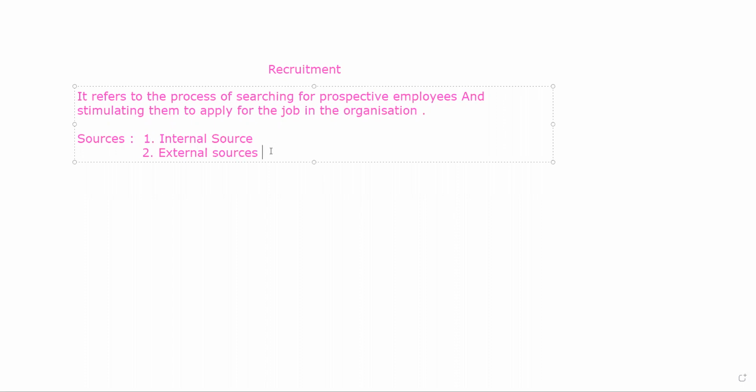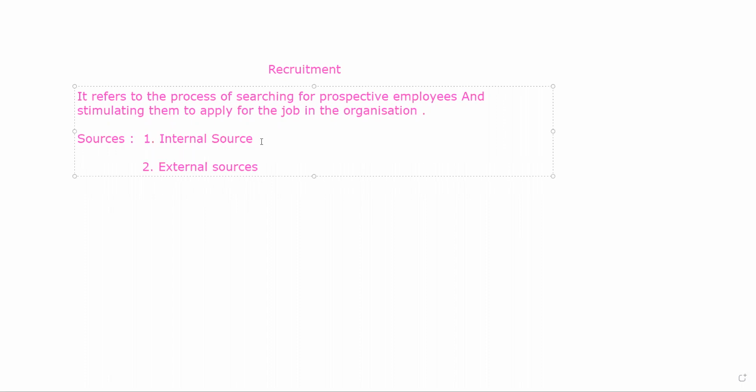Internal sources: when the recruitment is to be done, means the vacant places are to be filled by stimulating the employees who were working in the organization earlier. Those sources are known as the internal source.